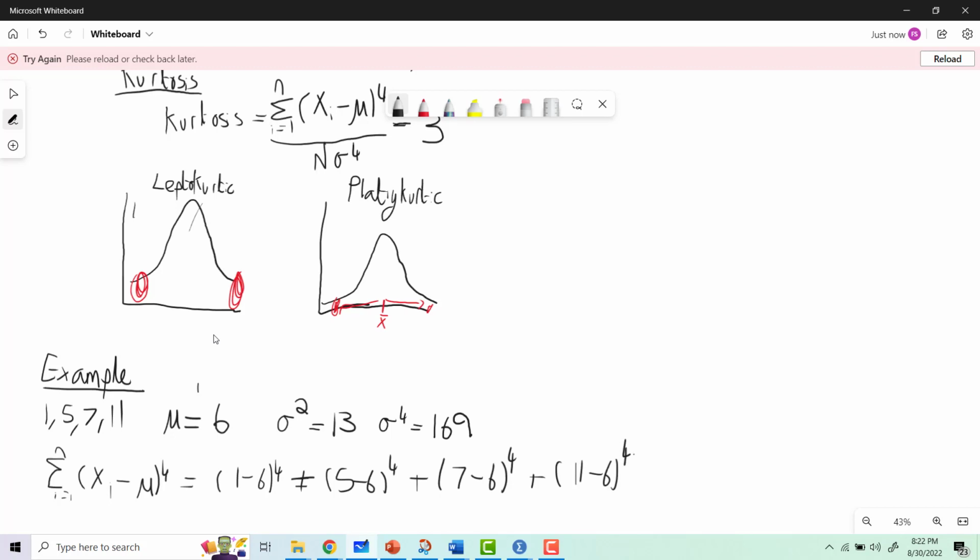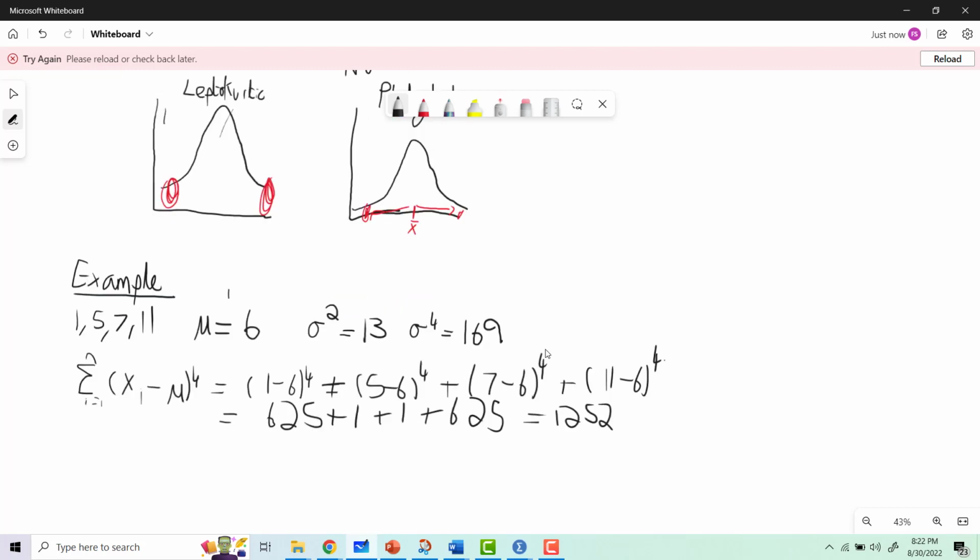Looking very symmetric there. Which is equal to minus 5 to the power of 4, so 5 times 5, 25 times 5, 125 times 5 is 625. Minus 1 to the 4 is 1. 1 to the 4 is 1. And then again, 11 minus 6 is 5 to the 4 is 625. Which equals 1252.